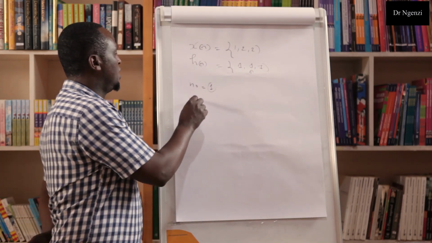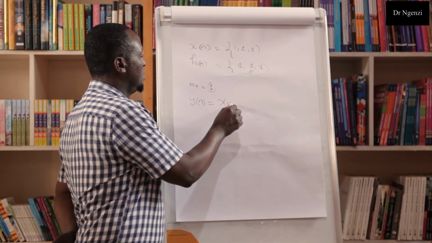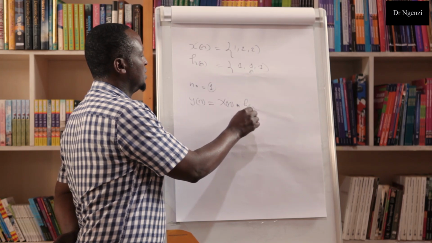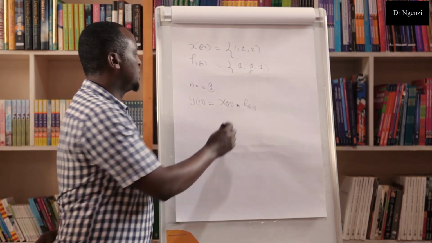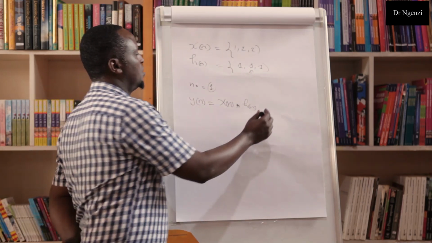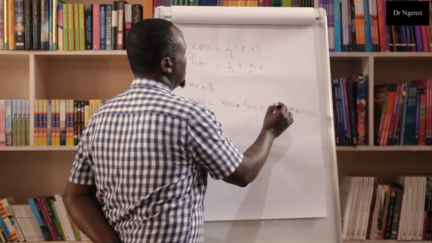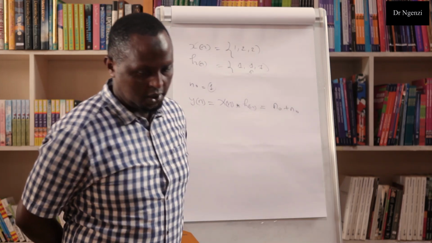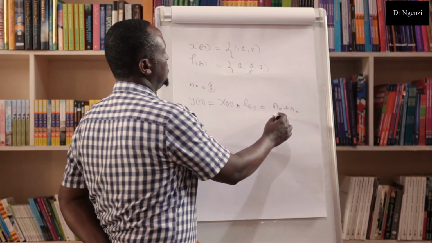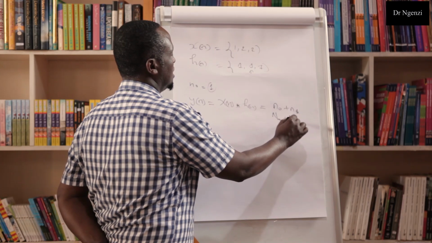For example, if you recall very well, the response y of n is going to be x of n plus h of n, the convolution sum. So this can be equivalent, for example, to n0 plus n1, depending on how you have mentioned your values. And also their domain can be the big N0 plus the big N1.